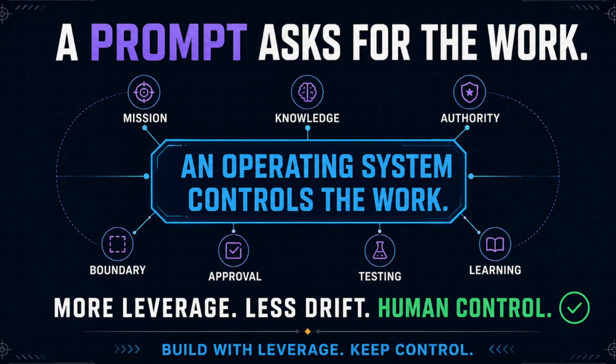Final principle. A prompt asks for the work. An operating system controls the work. It controls the mission, the knowledge, the authority, the boundary, the approval, the test, and the learning.